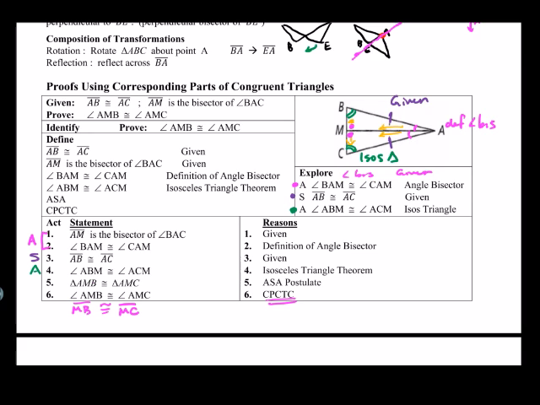And we could also say that segment AM is congruent to segment AM. Look at there in your triangle congruence statement. And that would be by CPCTC, or this would also be reflexive property of congruence if we liked. But we can say it using our corresponding parts as well. Again, make sure you define, explore, and geometry is easier in color.